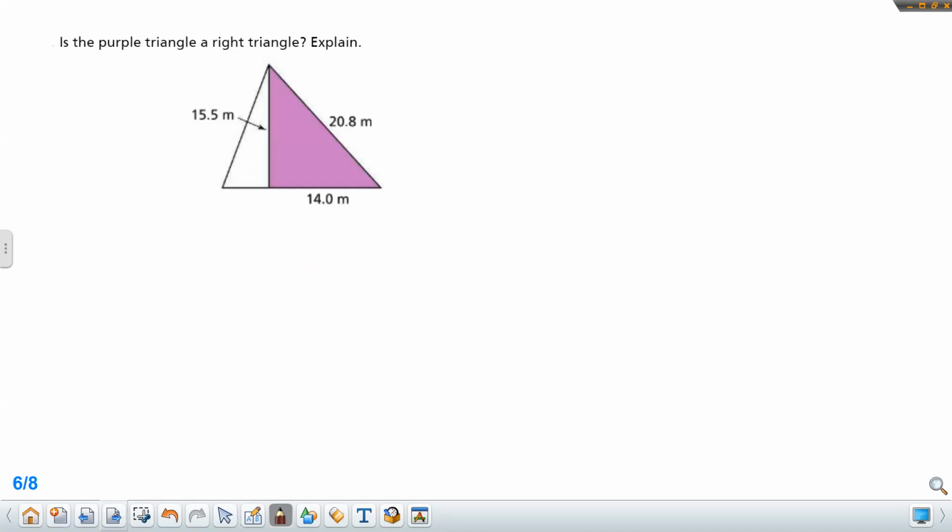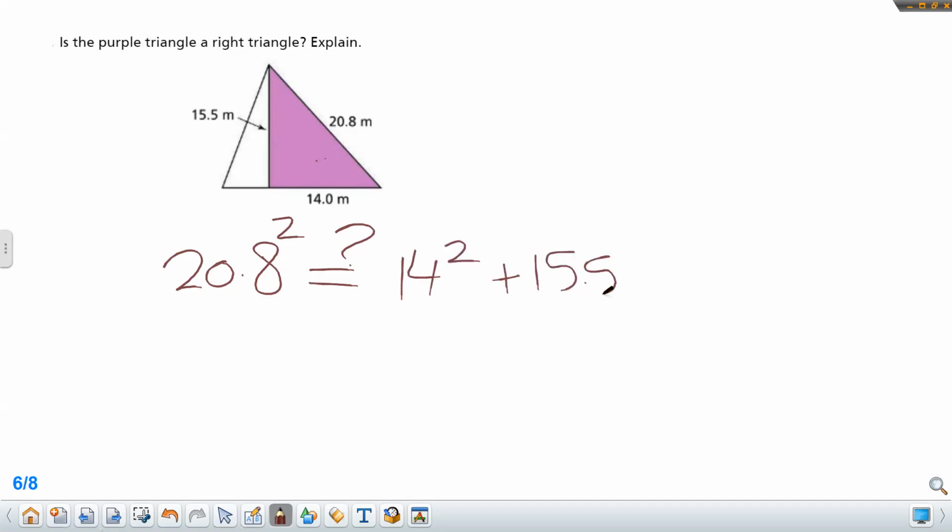Is the purple triangle a right triangle or not? First take the greatest one, which is 20.8 power 2. Equal or not to 14 power 2 plus 15.5 power 2? You must evaluate each of the sides. 20.8 power 2, using a calculator, will be 432.64.